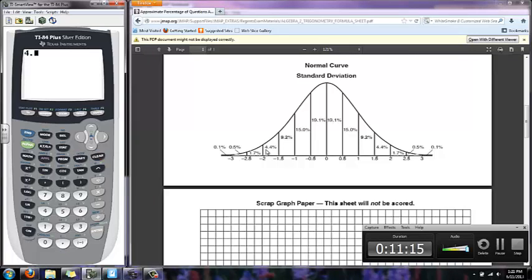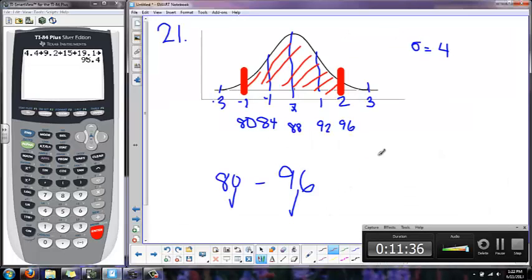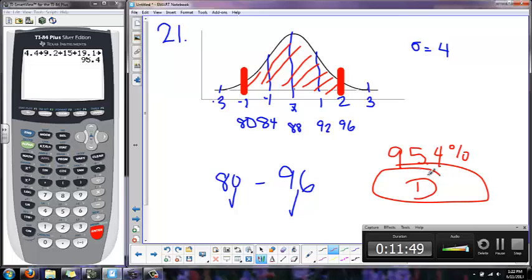So 4.4 plus 9.2 plus 15 plus 19.1 plus another 19.1 plus 15 plus 9.2 plus 4.4, and that's where I'm going to stop, because I'm right there at that wall. Hit enter, and that all adds up to a total of 95.4%. So for number 21, we're going to choose choice D, which is 95%. Okay? And there's only 3 more questions left.